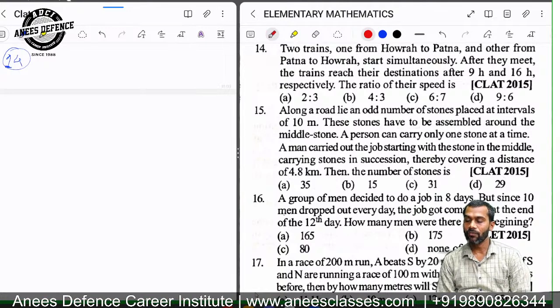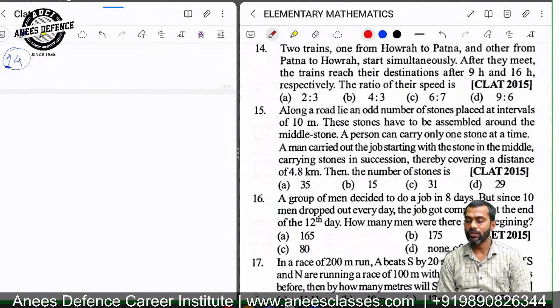Two trains, one from Havra to Patna and another from Patna to Havra, start simultaneously. After they meet, the trains reach their destinations after 9 hours and 16 hours respectively.